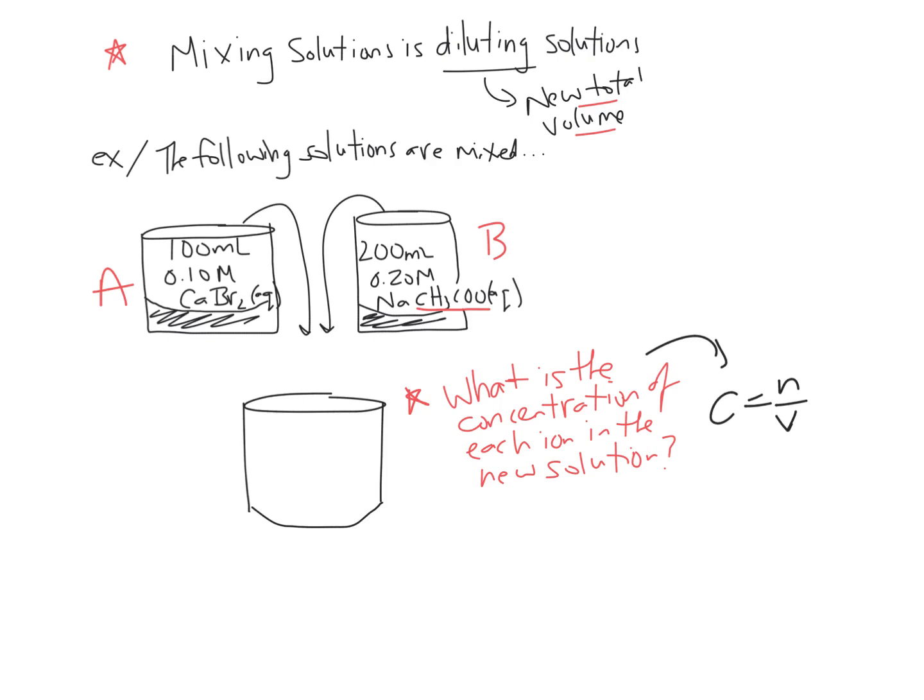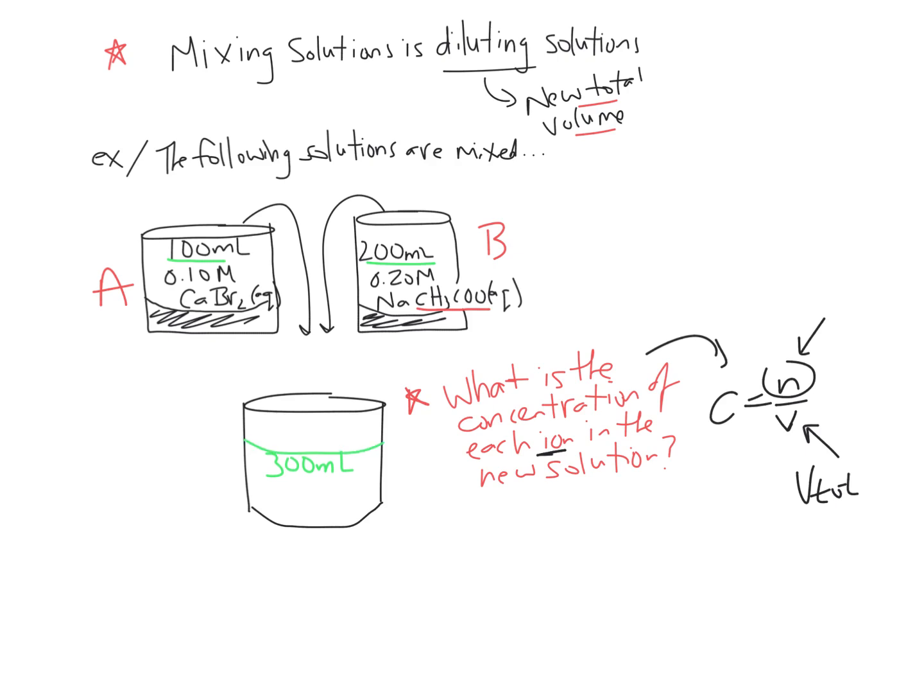And so we'll have to look at each salt and figure out how many moles there are of each particular ion, and then divide that by the new total volume of the solution. What's the new total volume going to be? We had 100 and 200, so it's going to be 300 milliliters now. Start filling in some characteristics of our new solution.